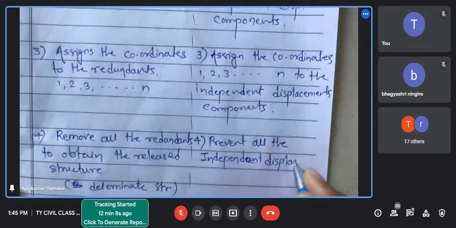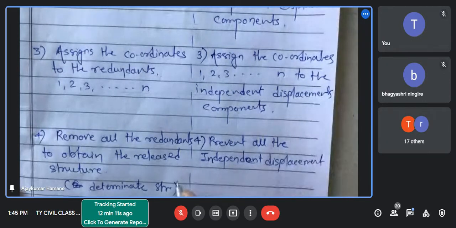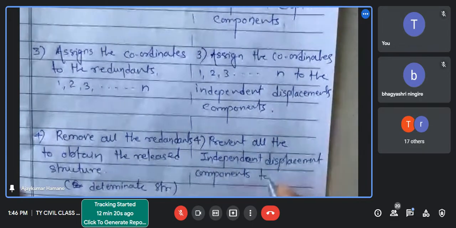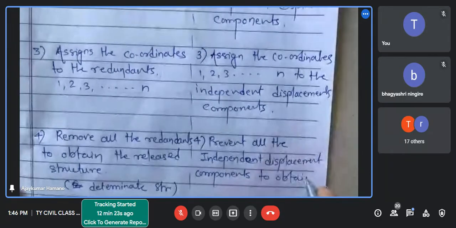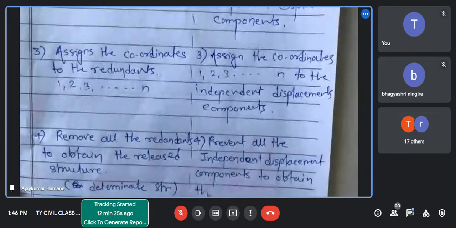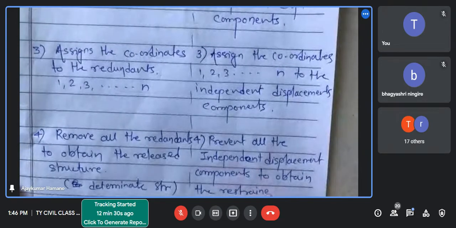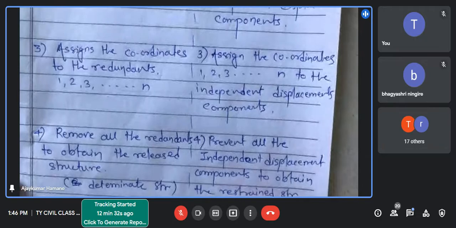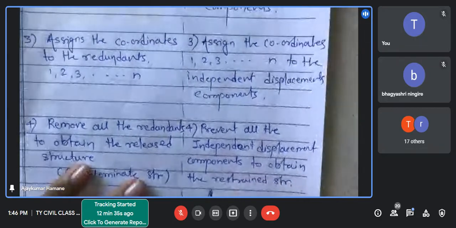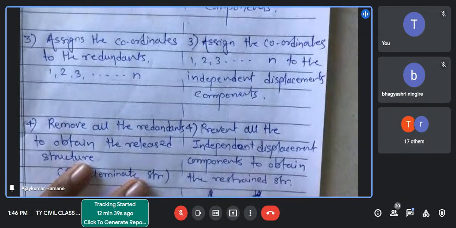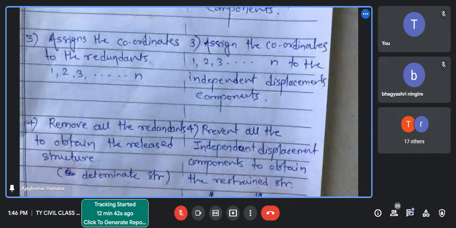Restrained structure means a rigid structure, that means fixed like this. The joint is fixed. This joint is fixed. Restrained structure.